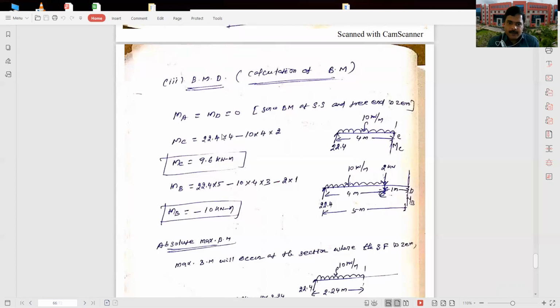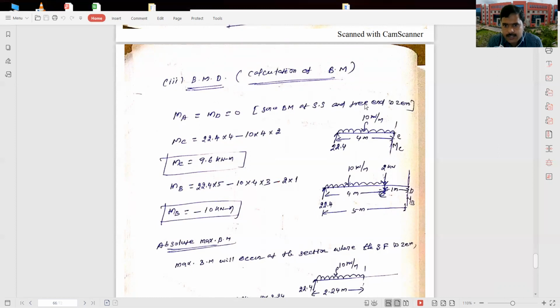So moment at C will be equal to load into distance. The load is 22.4 into distance 4 meter. Then this load is minus 10 because it is downward towards the section you consider at point C, so it is like an anti-clockwise direction towards section C.